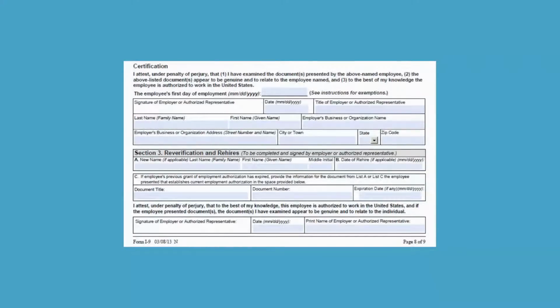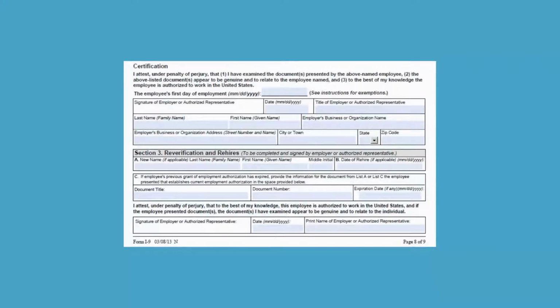Section 3 is for re-verification and rehires. If an employee is not a U.S. citizen and they have documentation that expires, then you may need to re-verify that documentation, and you would use Section 3 for that. It's also used for name changes.